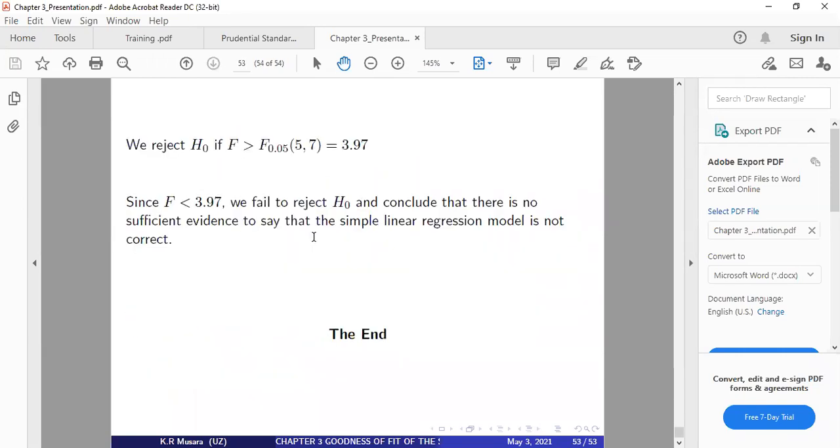It depends on how you conclude, but it should make sense when you're making conclusions. That's where we deal with those conclusions in applied statistics. So we're saying there is no sufficient evidence to say that the simple linear regression model is not correct. So that's the end of chapter 3.